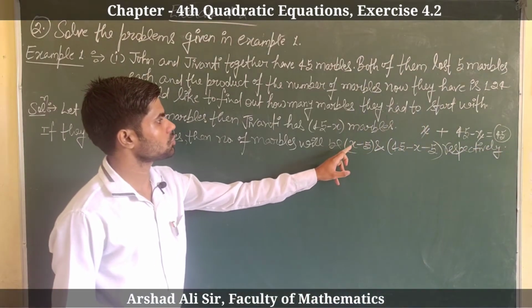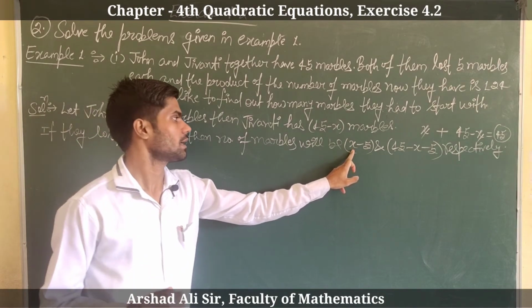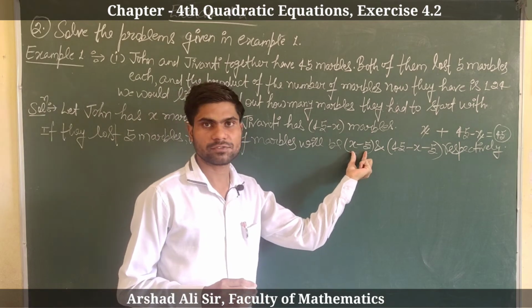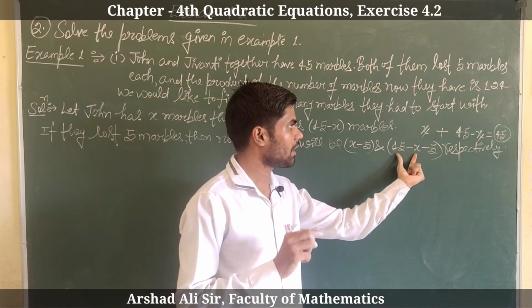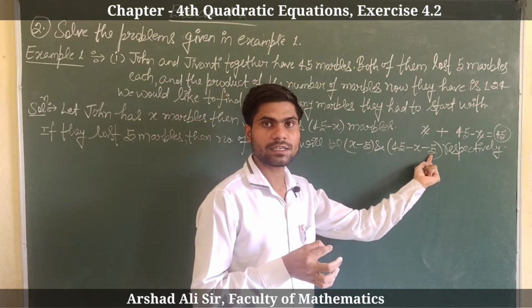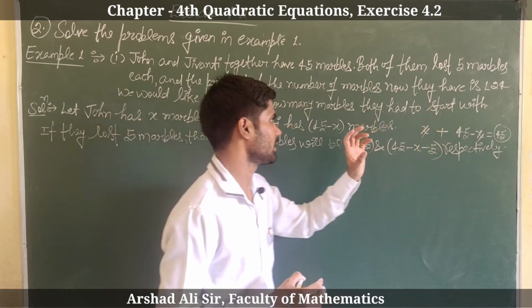Initially John has x marbles, and after losing 5 marbles, the total will be x minus 5. Initially Jivanti has 45 minus x marbles. After losing 5 marbles, the remaining marbles will be 45 minus x minus 5 respectively.